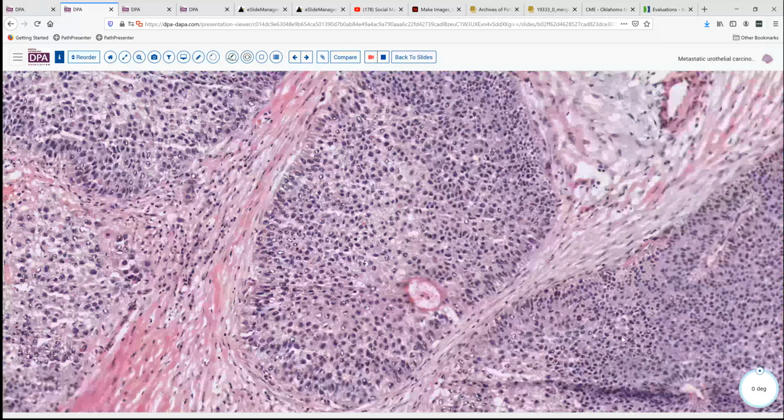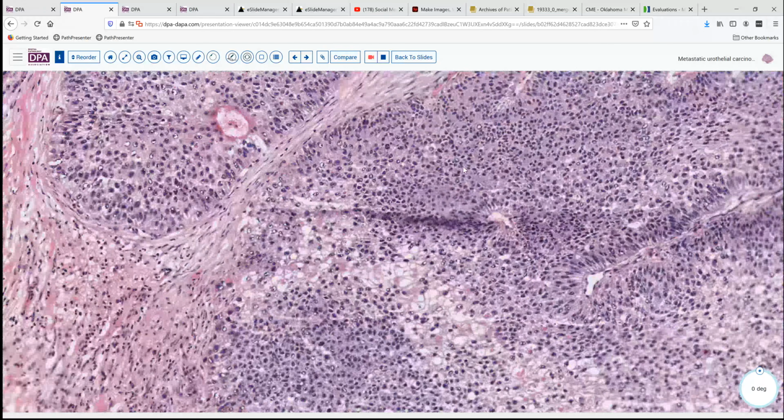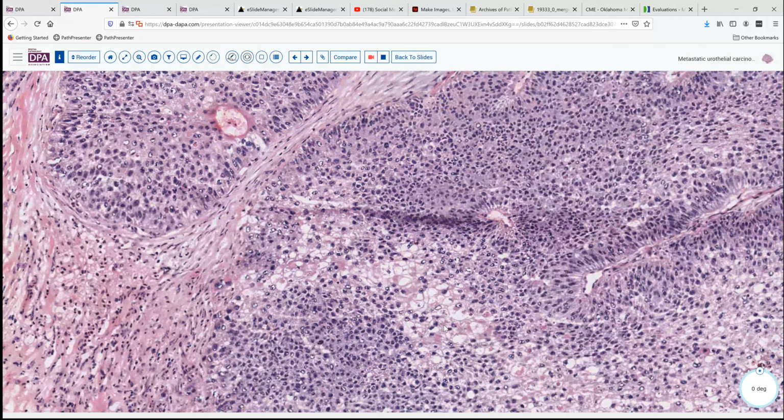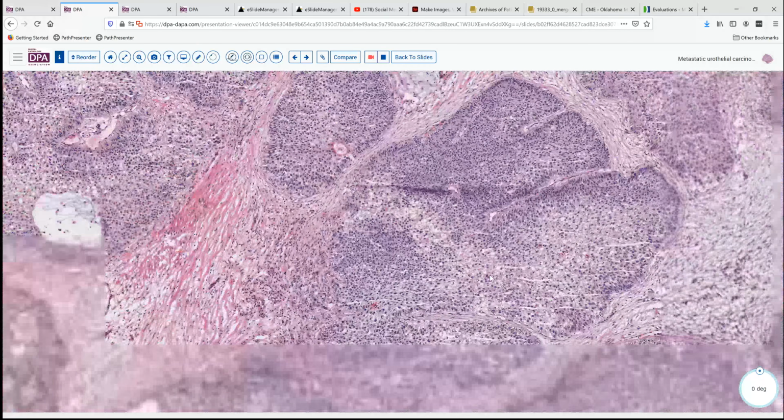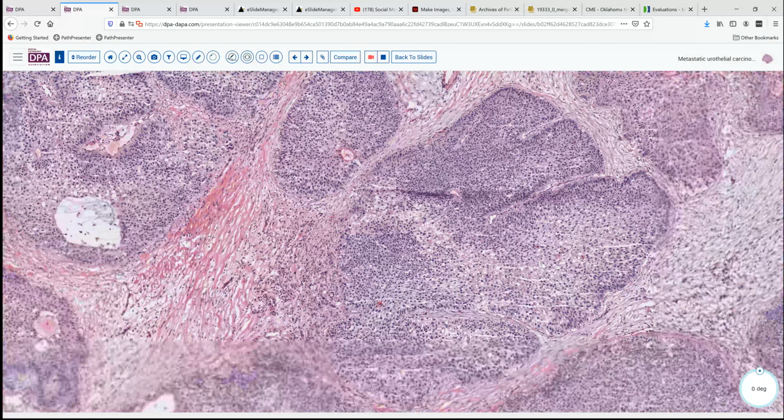At the time of intraoperative consultation, we thought this could be a variety of things. The possibility of clear cell carcinoma was included in our differential, sort of a solid variant.